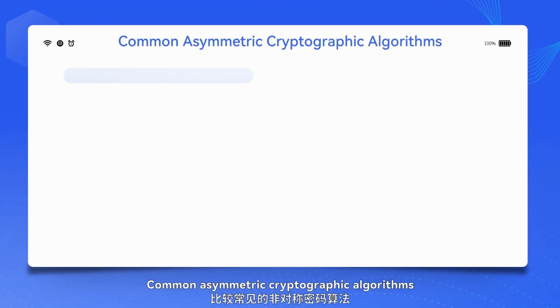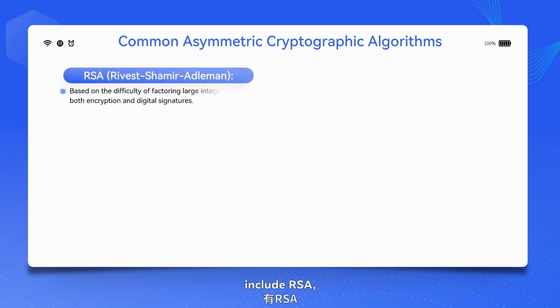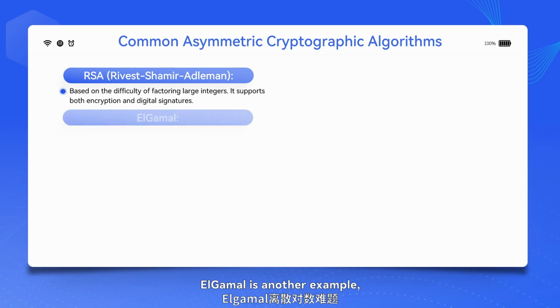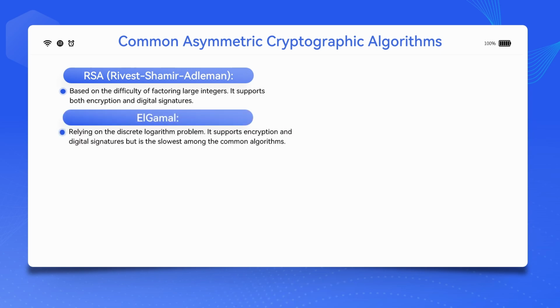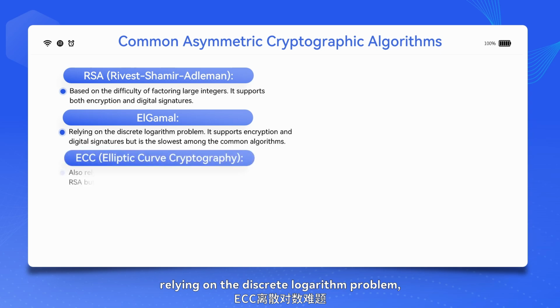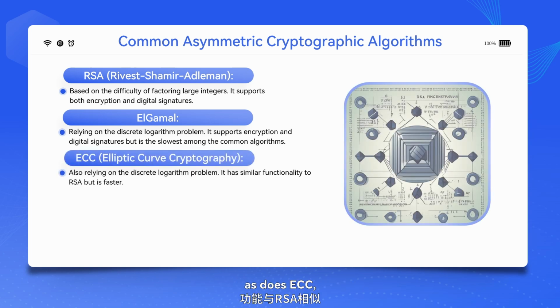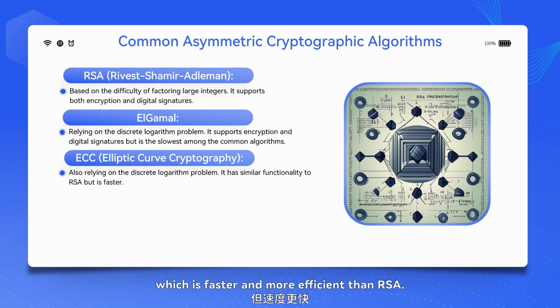Common asymmetric cryptographic algorithms include RSA, which is based on the difficulty of factoring large integers. Elgamal is another example, relying on the discrete logarithm problem, as does ECC, which is faster and more efficient than RSA.